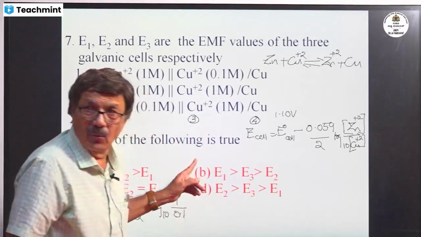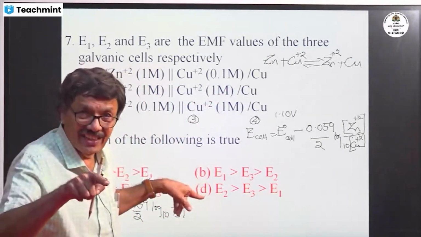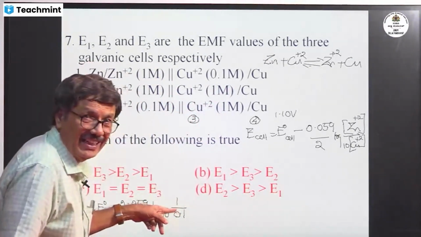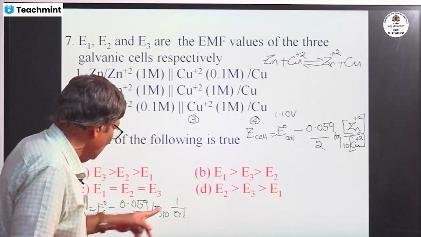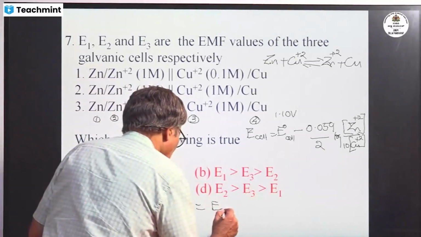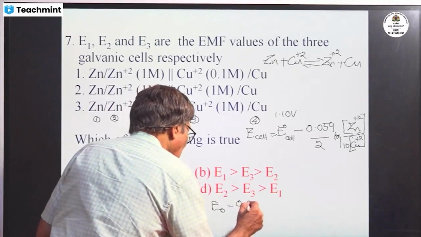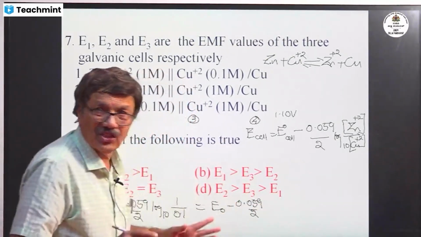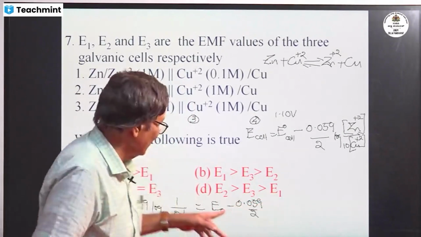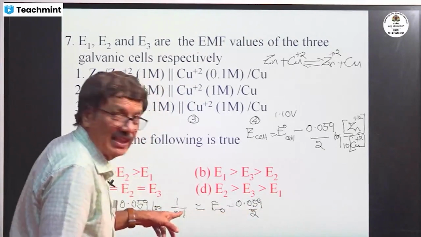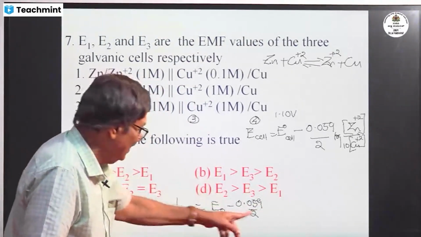Correct. 1 by 0.1 is 10. Log 10 is 1. So what remains here is E naught minus 0.059 by 2. You understood why it is so?